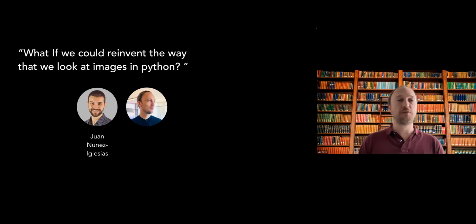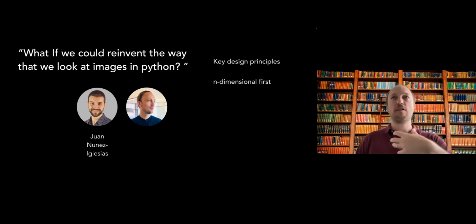And then we realized that we had the same opinion, that there was a big gap within the Python ecosystem. There was no really high performance image viewer built for Python that offered a set of features such as n-dimensional capability built in.